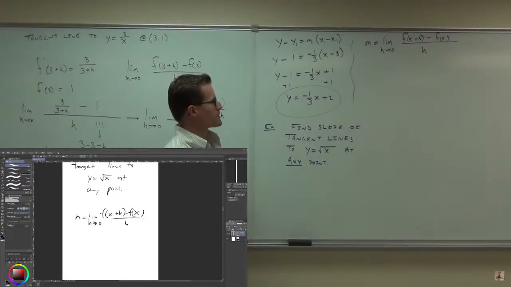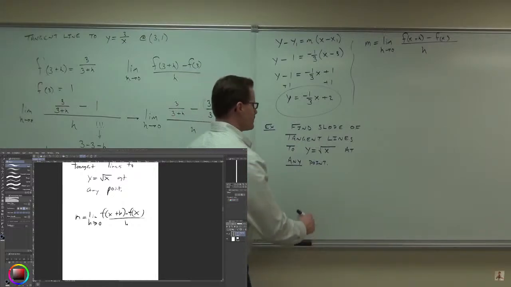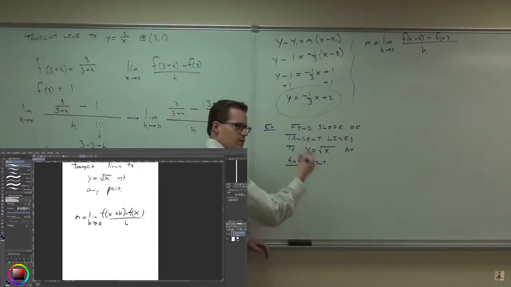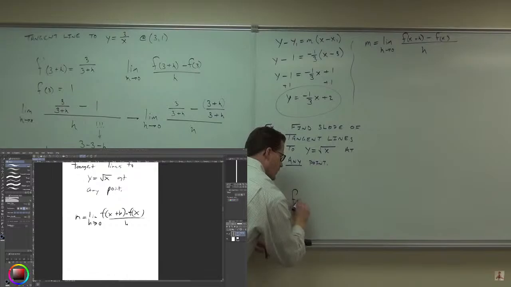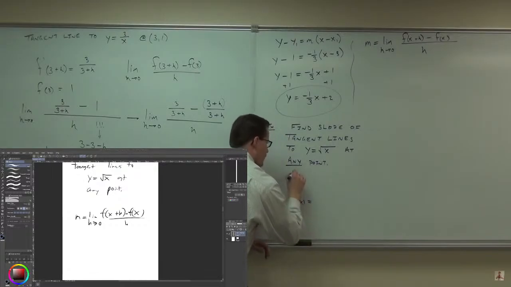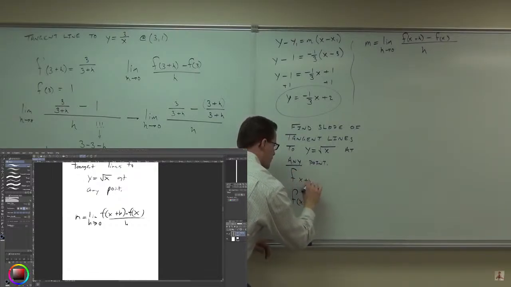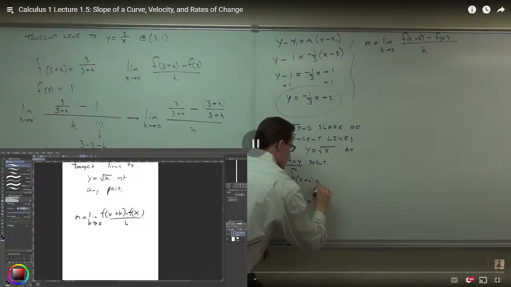Can you tell me then, let's figure these things out just like we did before. Can you figure out what f of x is and what f of x plus h is?